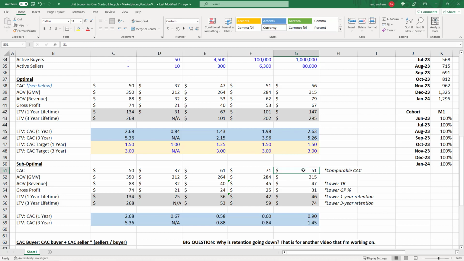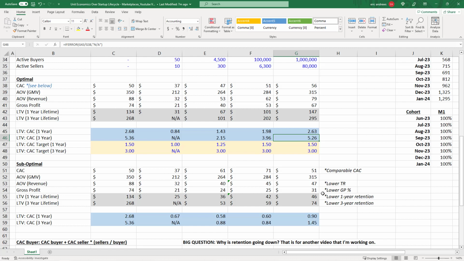So if we could see the full financial statements for this business in the second scenario, it would probably be burning enormous amounts of money to keep reacquiring customers to keep its growth going. But this business, because it has better retention, doesn't need to spend nearly as much money on marketing, because once it acquires a customer, that customer buys a few times.